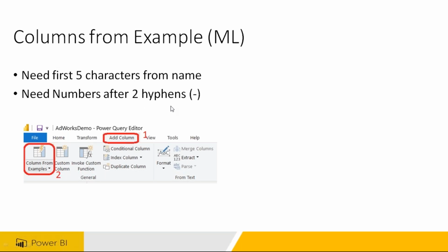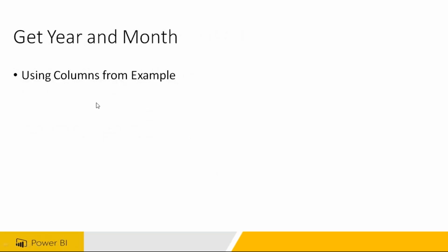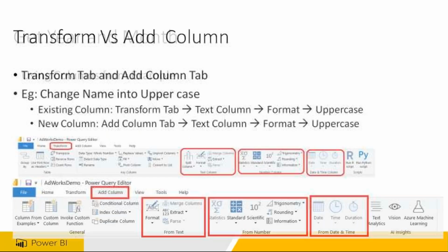Need numbers after two hyphens, or numbers before the at-the-rate symbol or after it, whatever you wanted. Get year and month using column by examples. All these things we had discussed, right? In transform and add column, these options are common: text column, number column, date and time. The things are common, and you can use them based on your need.